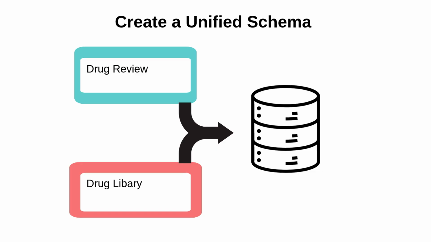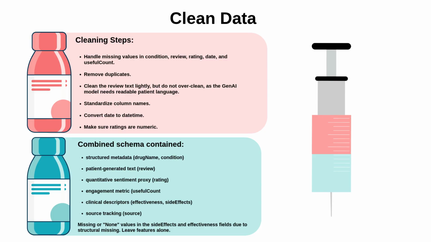Shared fields such as drug name, condition, review text, and ratings were aligned across both sources, while source-specific variables were retained when available. As a result, the side effects and effectiveness fields contained missing or non-values for records originating from sources that did not collect this information. Because these were structurally missing values rather than data quality issues, they were left unchanged.